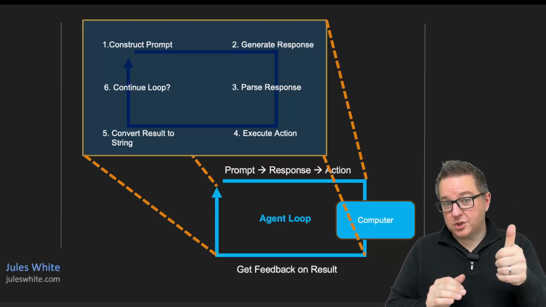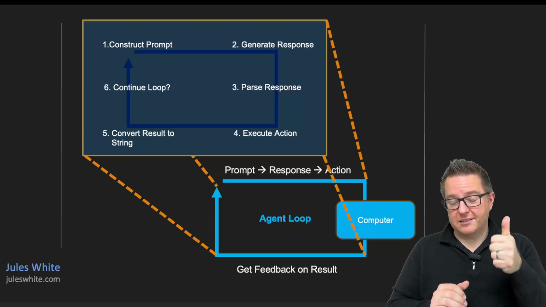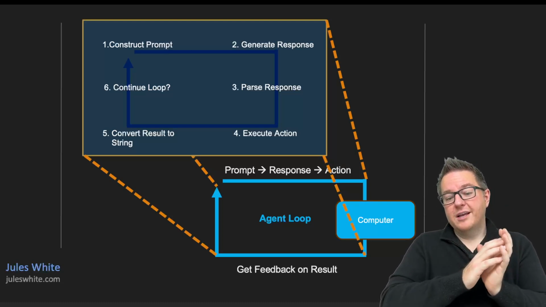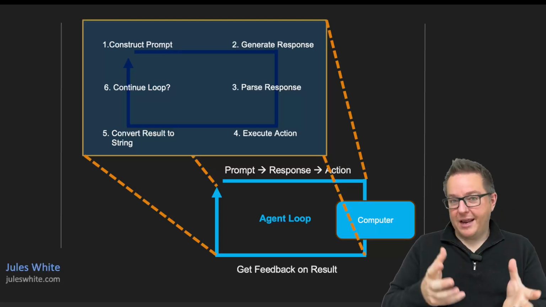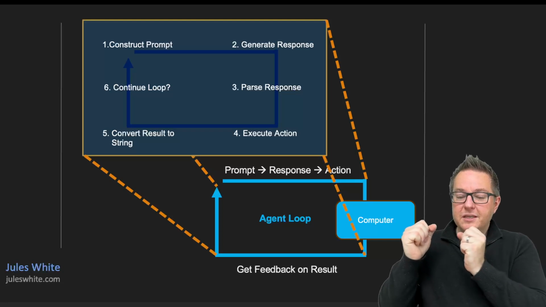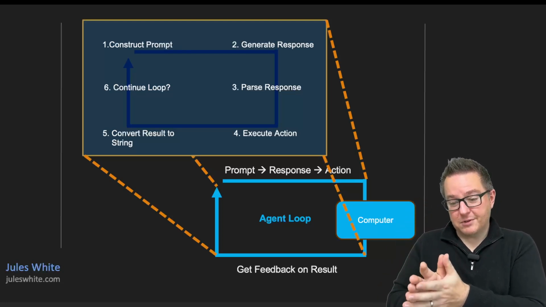So we construct the prompt. This is critically important. Getting a great prompt is super important for the agent. Most of our work is going to be in creating great prompts and thinking about how we guide our agent through prompting. Second, we're going to send that prompt off to the large language model to get a response.